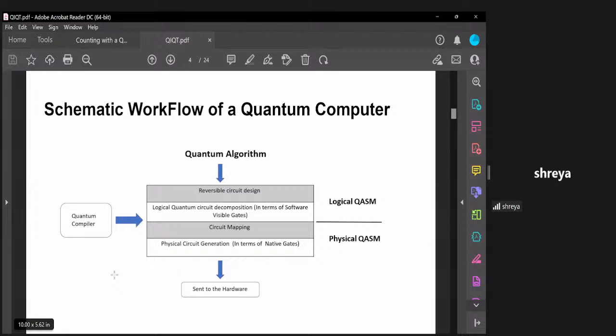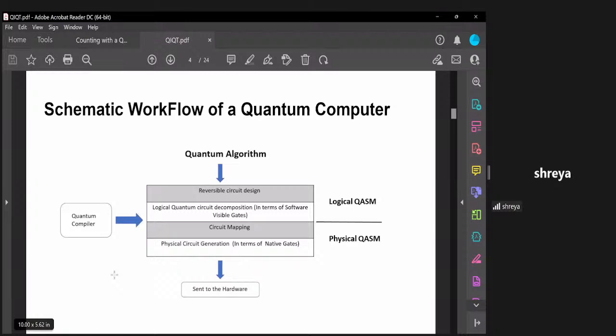Once you have a problem, you design a quantum algorithm with basic quantum concepts. Then, at least in the case of gate-based quantum computing models, one example of which is IBM quantum computers, you have to design a reversible circuit. Reversible because quantum computing is reversible.